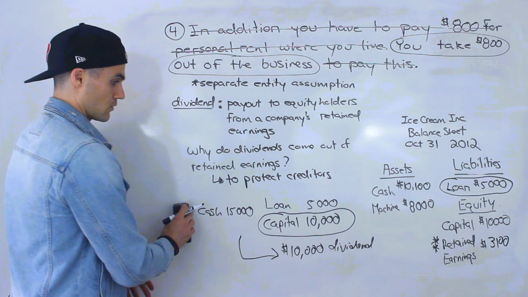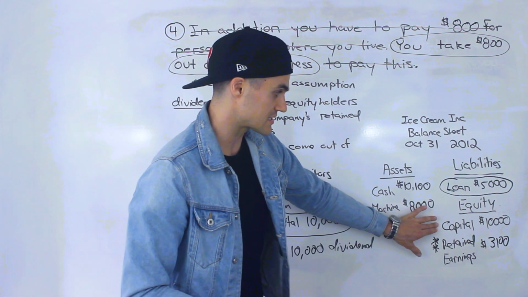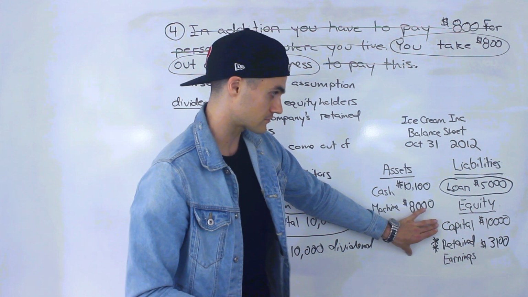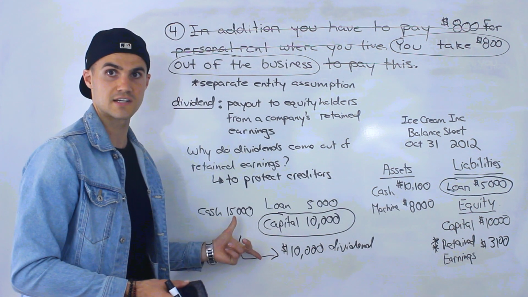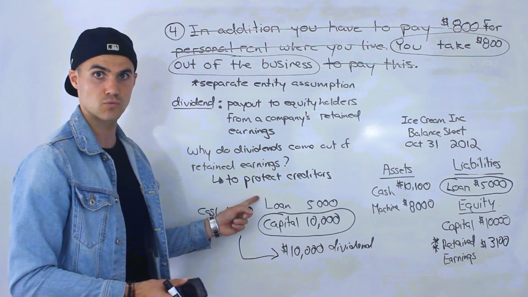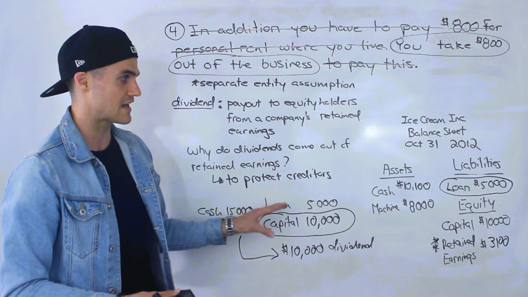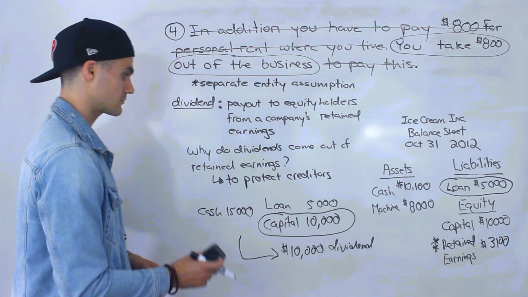And so the reason why the dividends have to come out of this retained earnings and not out of this capital is because if it was able to come out of the capital, then this sort of scenario would be able to happen. And these creditors here, the banks, would be more at risk. Doesn't have to necessarily be banks, anyone who gave you a loan.